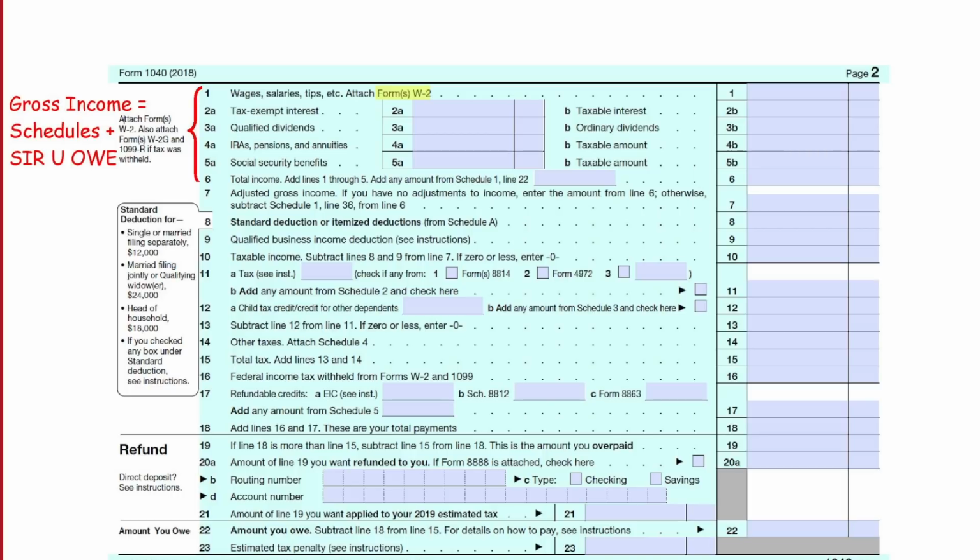So if an individual has worked only for one employer during the year, he's going to get only one Form W-2. But let's say an individual has been on 3 jobs, 3 employers during the year, the individual is going to be getting 3 Form W-2s. All of that to be included on line number 1 out here.